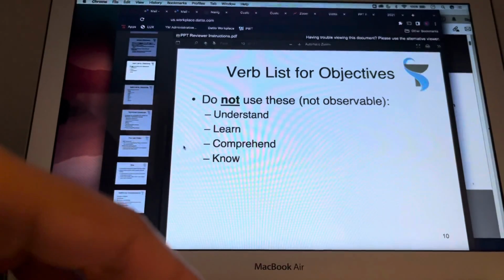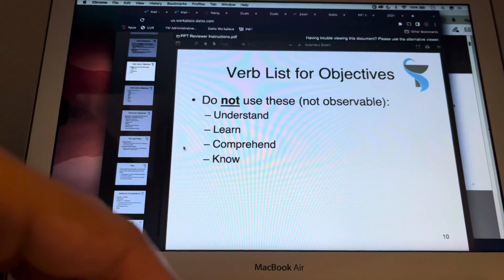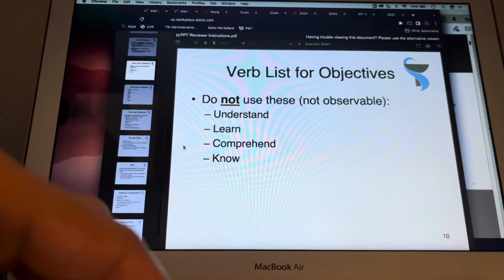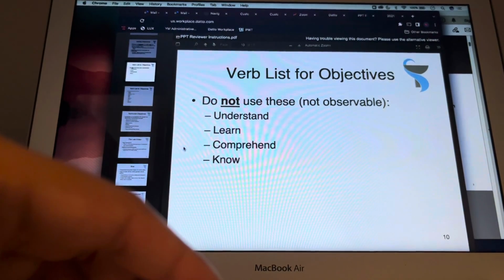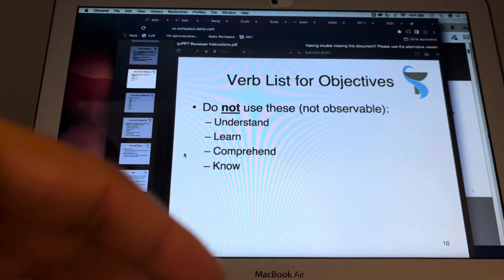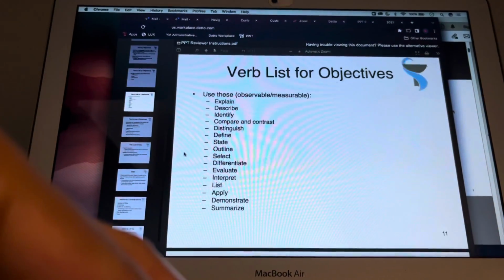The verb list for objectives: do not use these verbs because they are considered not observable. Understand, learn, comprehend, or know. Oh, I didn't know that.